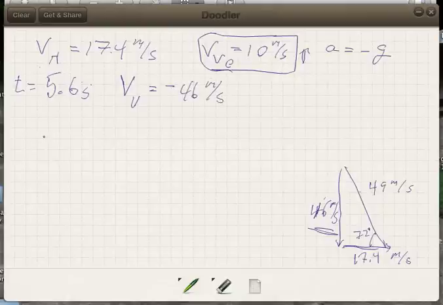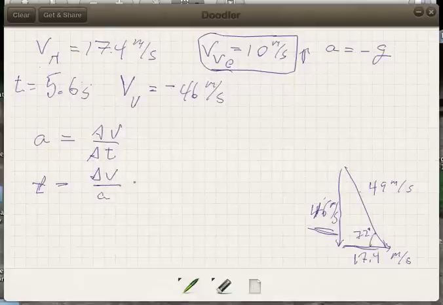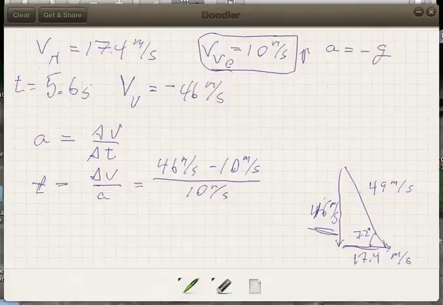So people who love math will say, I need to see the math. Acceleration is change in velocity over change in time, right? And so the time during this acceleration is equal to the change in velocity over the acceleration, right? And this is just going to be your 46 meters per second minus the 10 meters per second that you started with, divided by gravity, which is 10 meters per second squared.